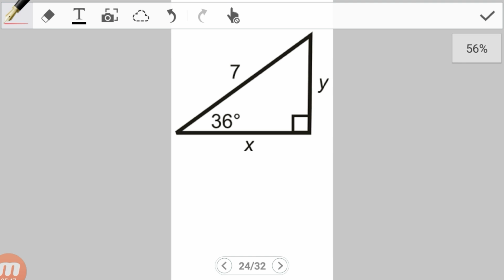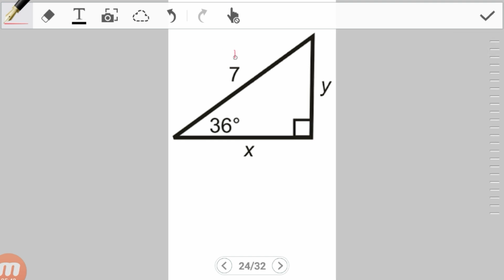This 7 is being represented as the hypotenuse, and the x that we're looking for, obviously because the y is in front of the 36, then the y is being represented by the opposite side. And so the x that we're looking for is being represented by the adjacent side. Yes?